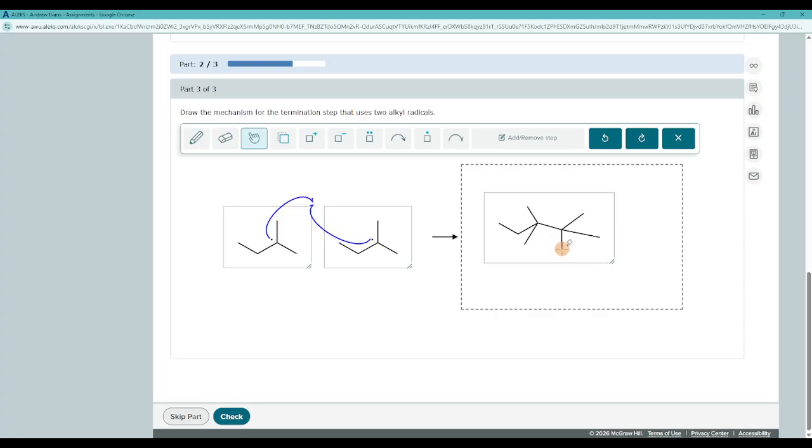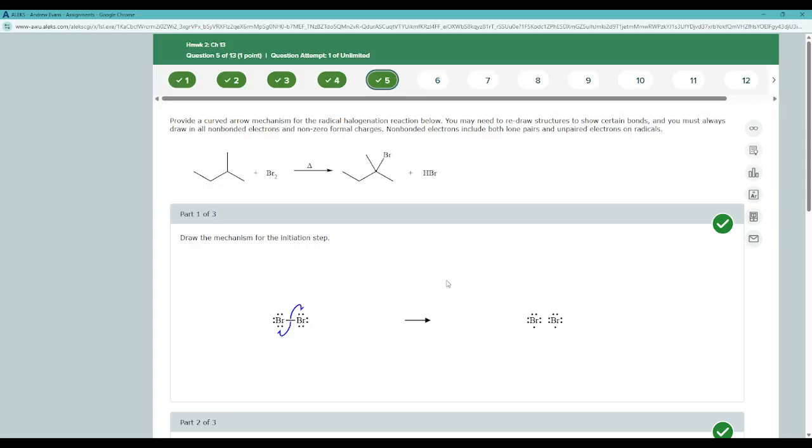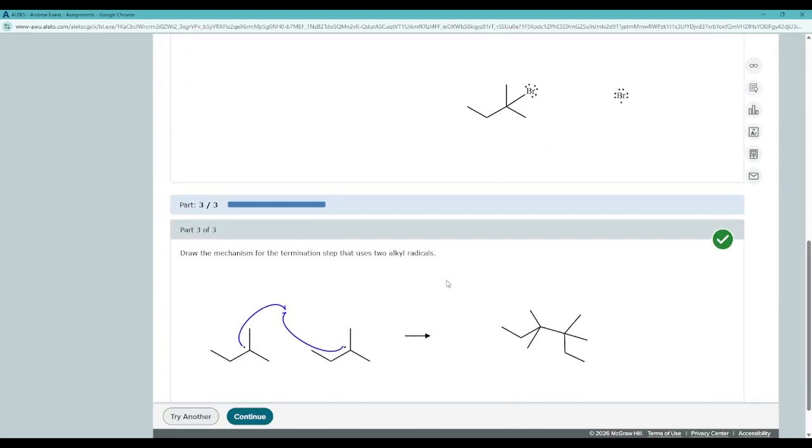Oh, I just deleted one of my bonds accidentally in my desire to pretty it up. I did not have to pretty this up. I just wanted you to be able to see what this looks like. I just combined these two things together. It could have been as hideous as I had left it. That's the beauty of it. You don't have to have it pretty. I just wanted you to see what it would look like as a true molecule.